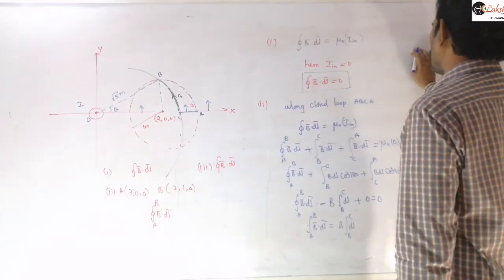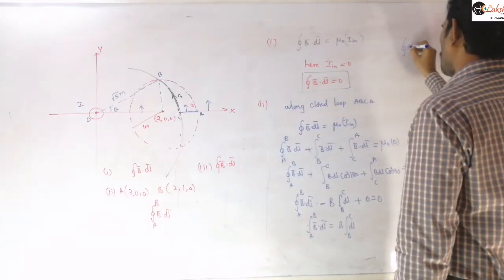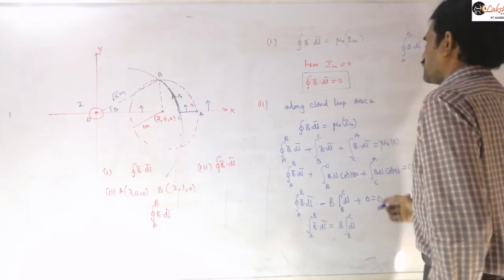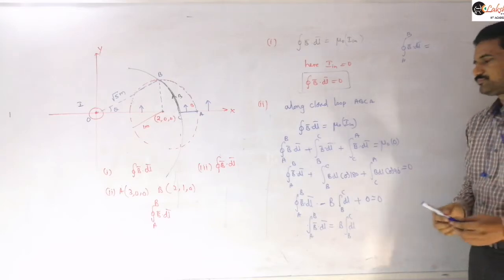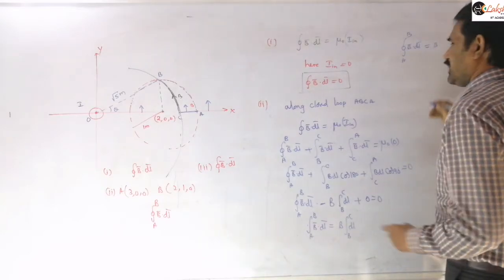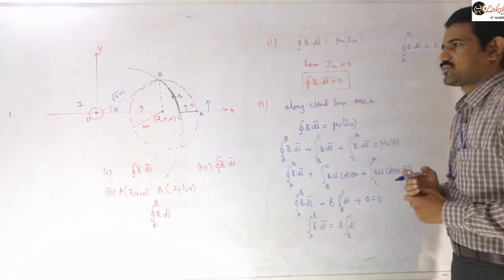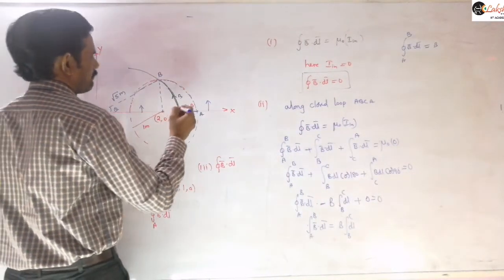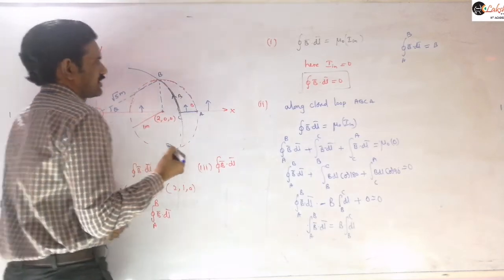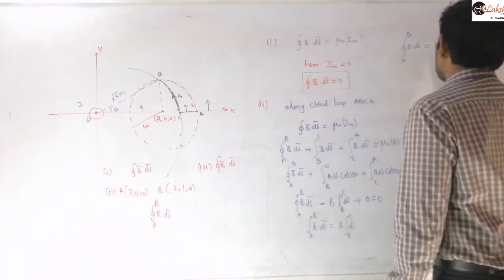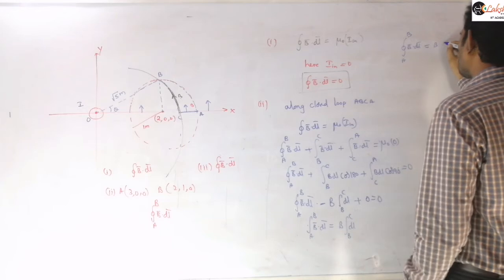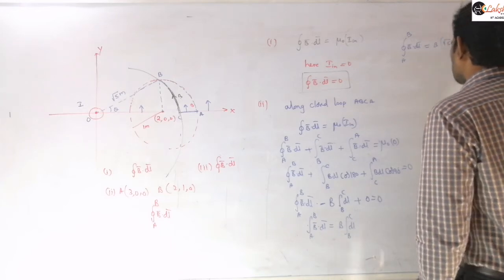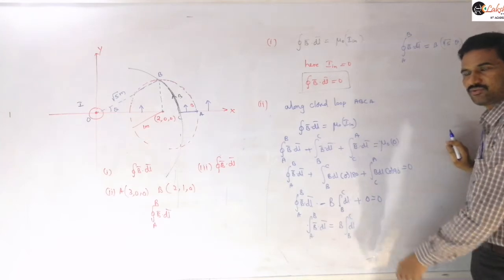Therefore the required value is B into the arc length from C to B. That arc length is R theta, so this is √5 into theta. This is the integral of dl from B to C.